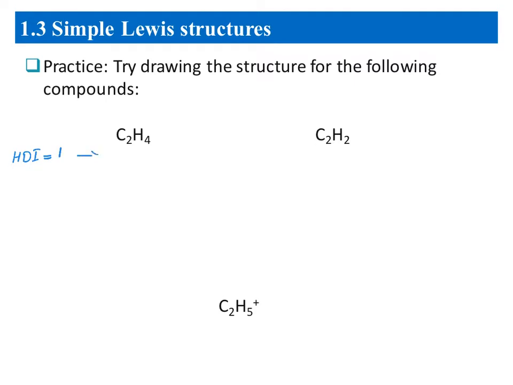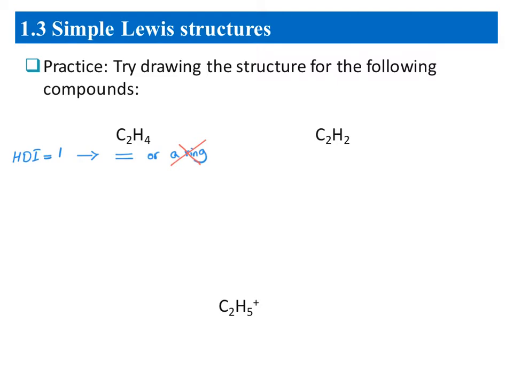And that 1 means that I either have a double bond or a ring in the molecule. I know that to make a ring, I need at least 3 carbons. Therefore, the ring cannot be in the molecule, so I'll definitely have a double bond in this molecule.